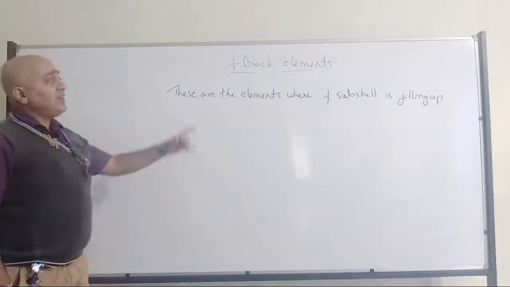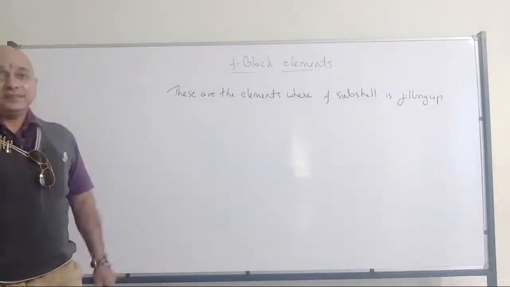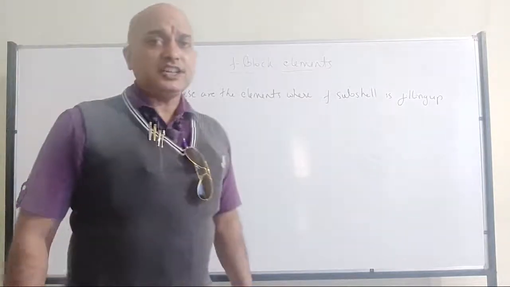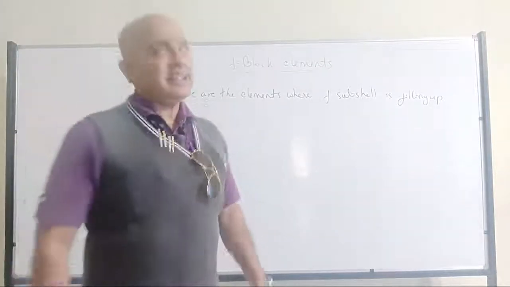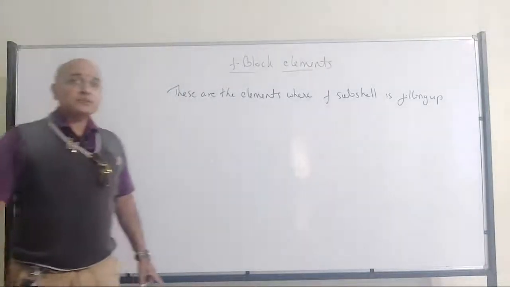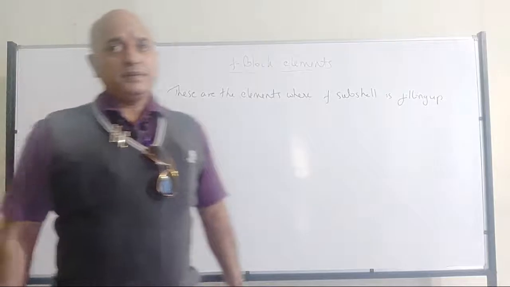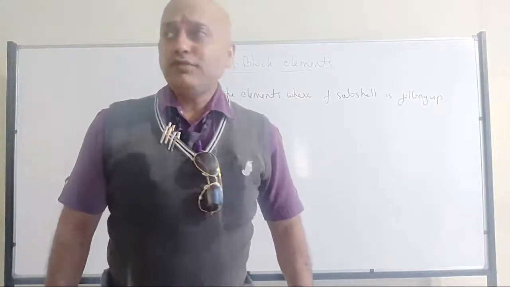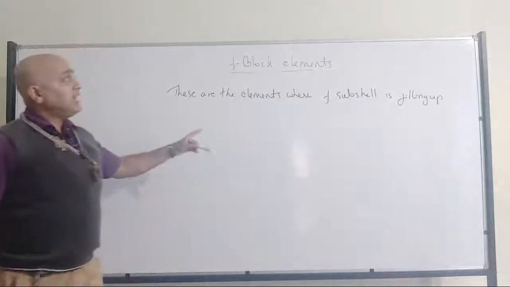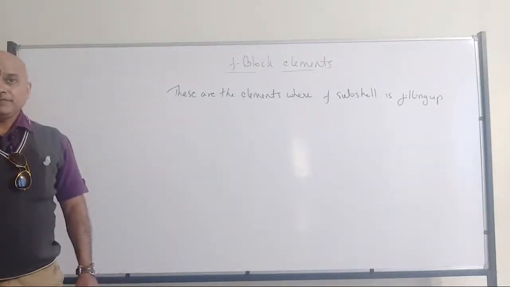So it will be the anti-penultimate shell. But anyway, to avoid the confusion, we can tell that these are the elements where the F subshell is getting filled. All of you have understood? So that's where we have the F block element.